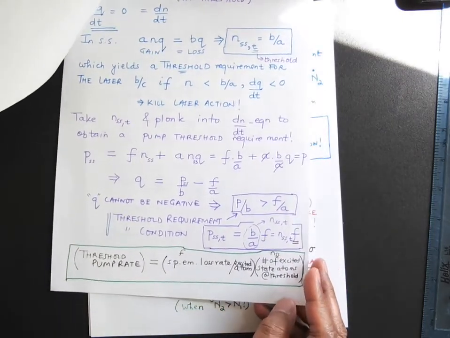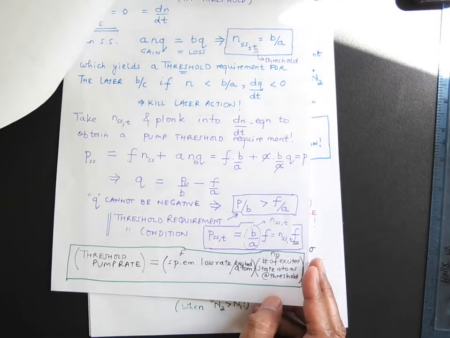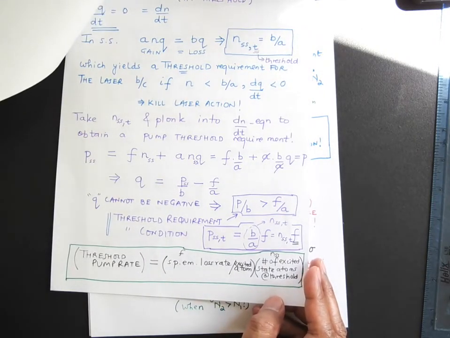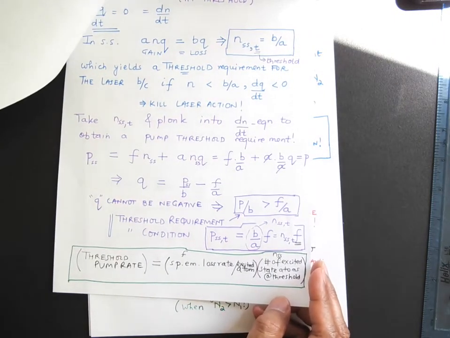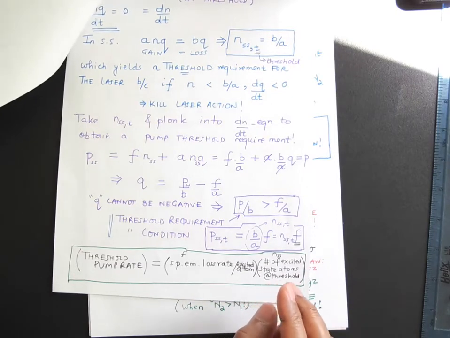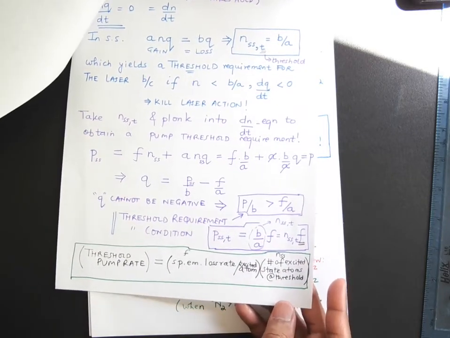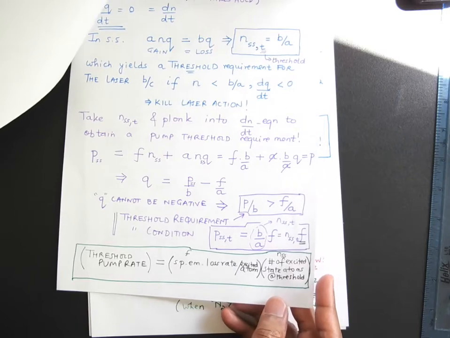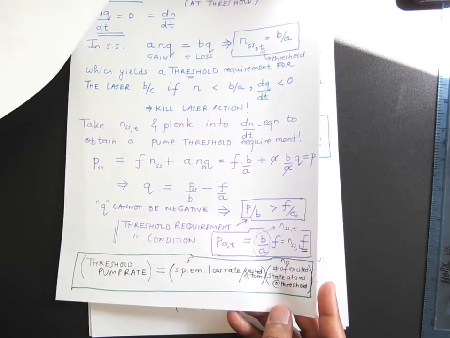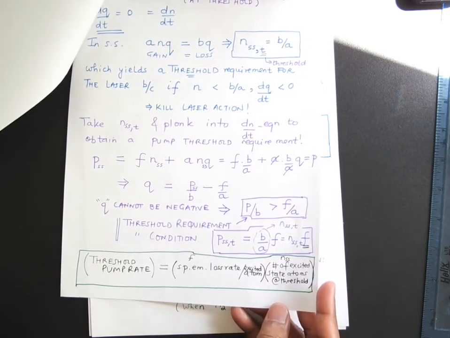I hope that's clear to everybody. I'm not asking for a lot of information. I'm just asking for something in your own words which describes clearly why there is a threshold or something like that.